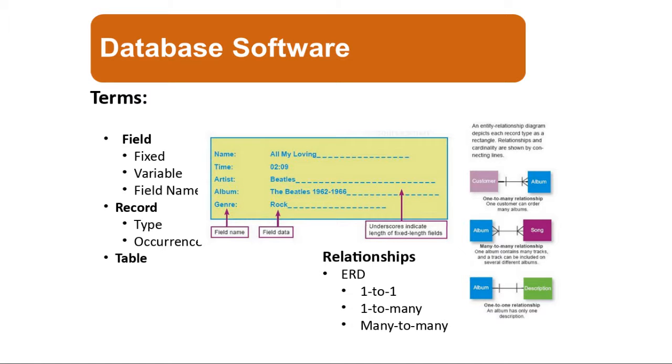When it's a one-to-one, we can have one record in one table related to one record in another table. A one-to-many means we can have one record in one table related to many records in another. And many-to-many means we can have many records in one table related to many records in another table.